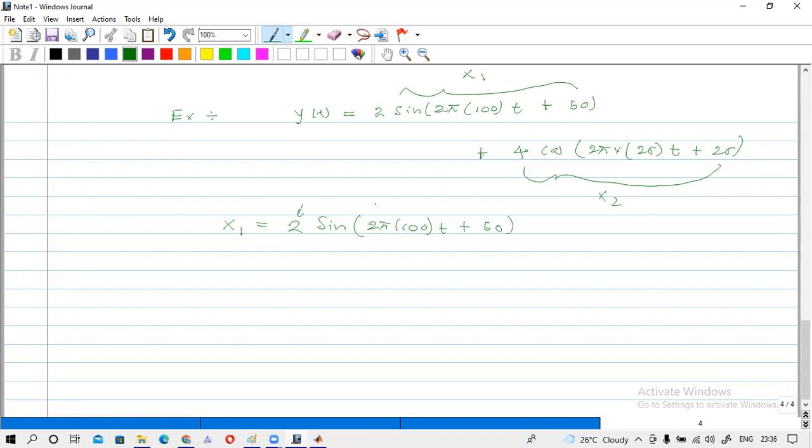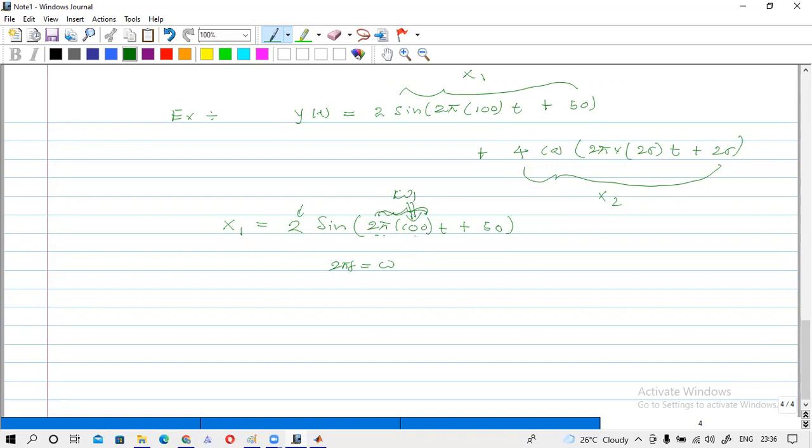So this is the amplitude, and this one is the frequency f. So 2πf is equal to omega. You already know that. Let's say that it is omega 1. So ω1 t plus φ is the argument. So this is our first signal.